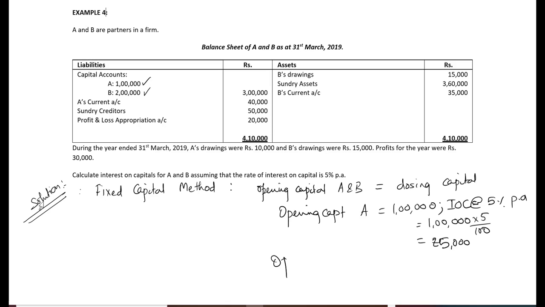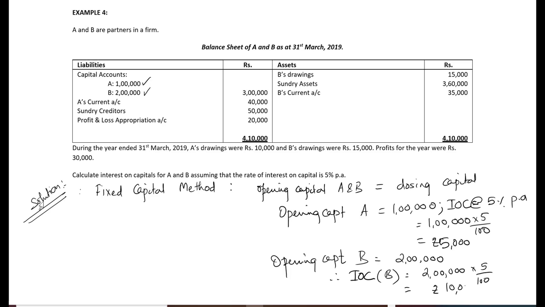Similarly, the opening capital of B is equal to the closing capital, which is equal to rupees 2 lakh. Therefore, IOC for B is rupees 2 lakh into 5 divided by 100, which is equal to rupees 10,000. So the interest on capital for A is 5,000 and for that of B rupees 10,000.